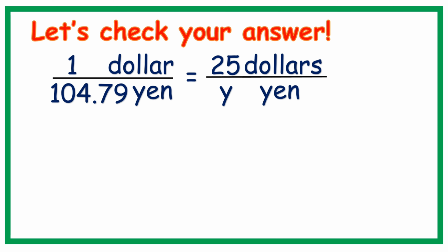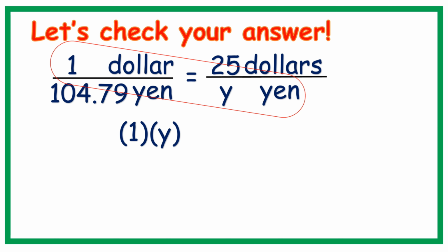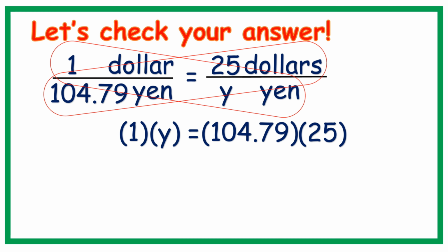Now let's solve it by cross multiplication. 1 times y, just like that. And the other one, don't forget to write the equal sign. 104.79 times 25. And let's just answer it. 1 times y equals y, or 1y.